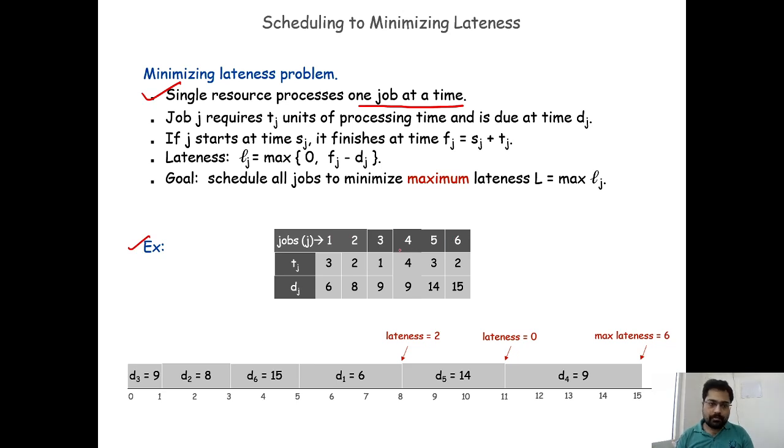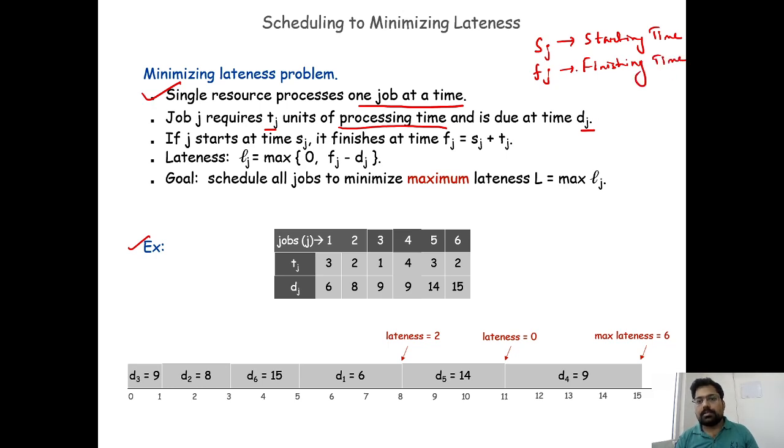Before that we should know what t_j and d_j are. s_j is the start time or starting time. f_j is the finishing time, or you can say the finish time. t_j is the processing time, and d_j is the due time, meaning the maximum time given.